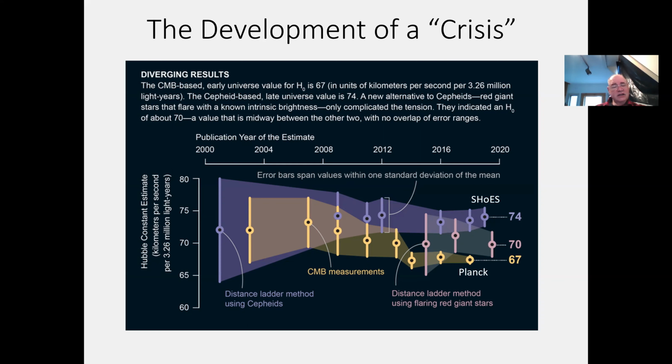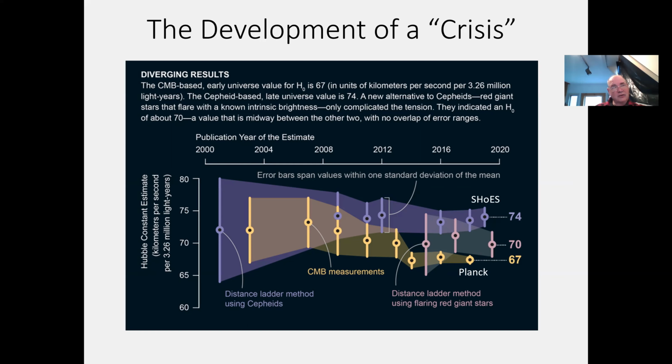Okay, now look at the gold or the yellow. Okay, that's the CMB measurements. Okay, that's the cosmic microwave background measurements. Okay, starting from the fundamental data of the cosmic microwave background. Look where they start. Okay, they start pretty good. That's about the same. They also start around 72, 73. And the error bands, there's no problem here.